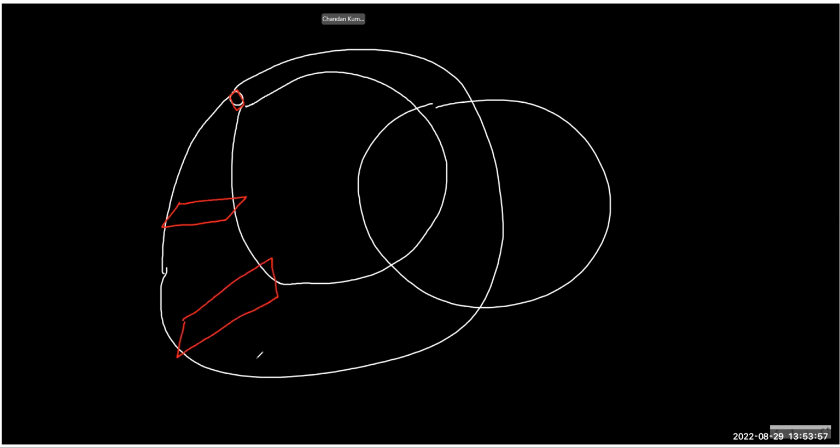Even a rectangular cross section is also okay. The only criterion is that the cross-sectional area should not change. You can see this area is different from this area. So this is a variable cross-sectional area, which is something we don't want.